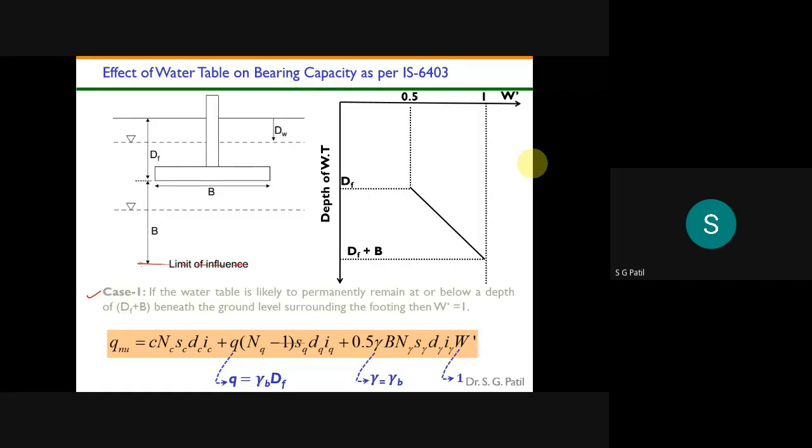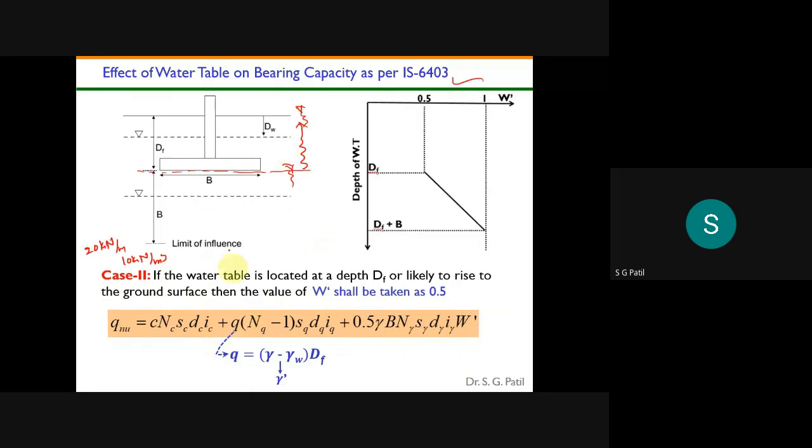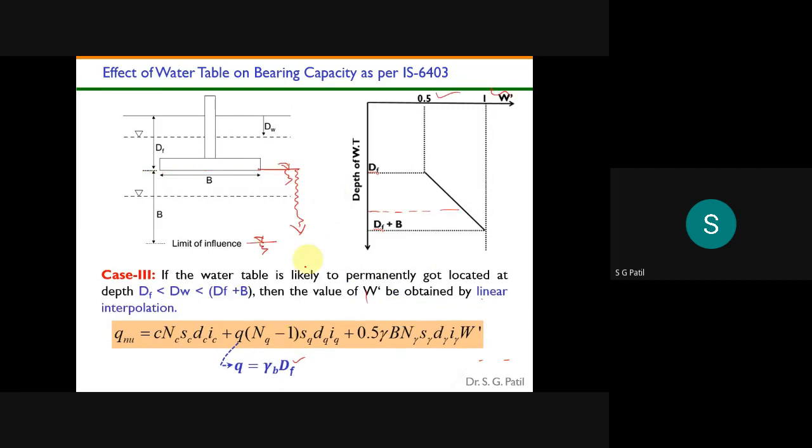This is case 1, and this is case 2. You can take a photograph of this one. And this is case 3. For all the cases, refer to these three cases, and then attempt that assignment problem.